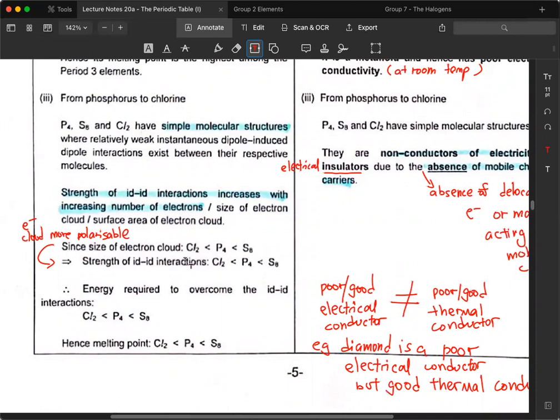So based on that, the electron cloud size of sulfur should be the greatest, which explains why it has the strongest interaction, which means the most energy to overcome the interactions, hence the higher melting point. With greater size of electron cloud, we can also say that the electron cloud is more polarizable.